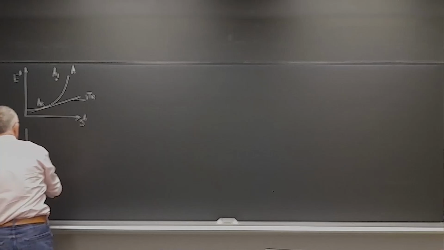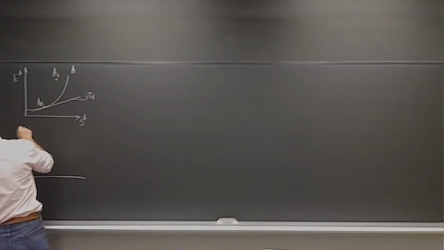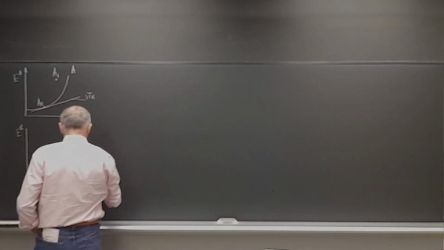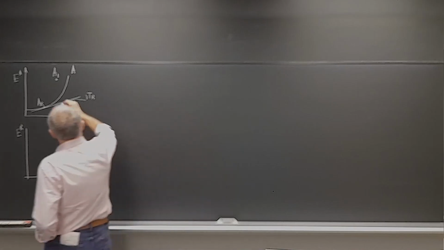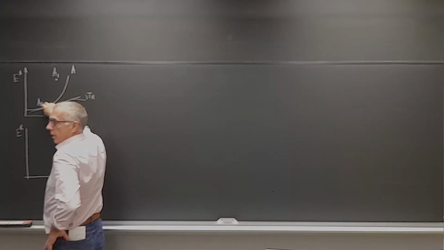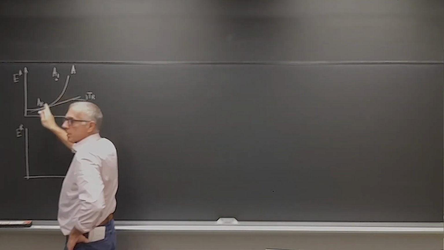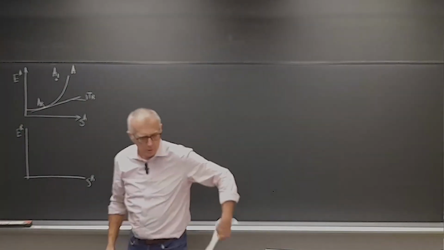So let me draw below here also the E versus S diagram for the reservoir. Okay. So you see that in order to go from this state to this state, the system must decrease its entropy.